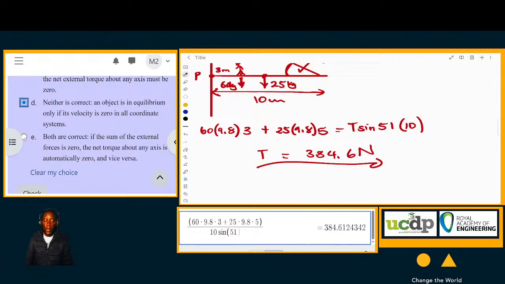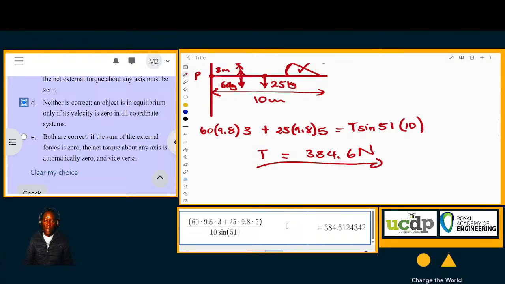But anyway, let's eliminate. I'll start with E. If the sum of the external forces is 0, the net torque about any axis is automatically 0. That's not true, and the vice versa is not true. So E is out. D says neither is correct.